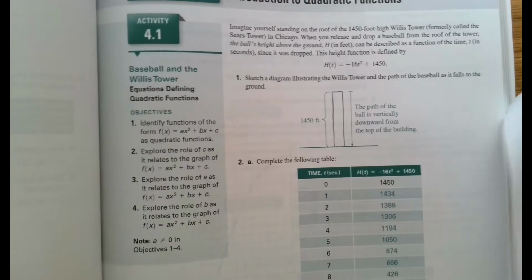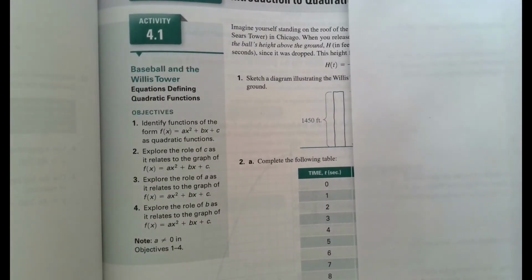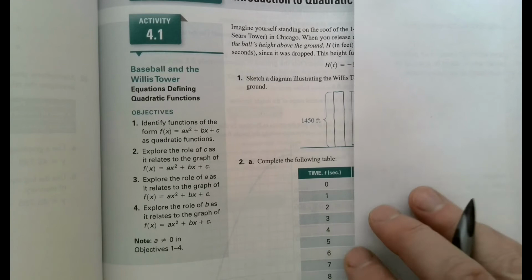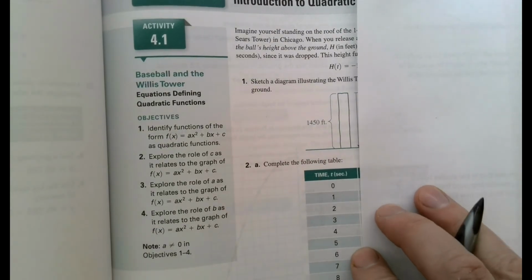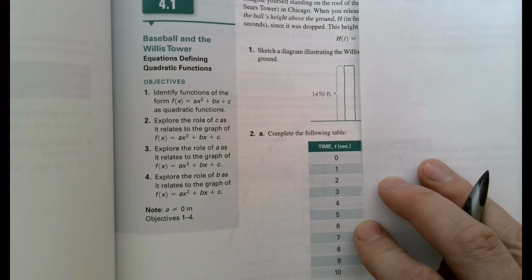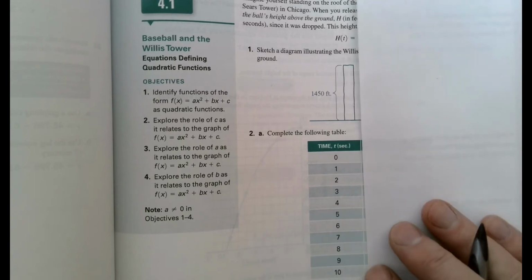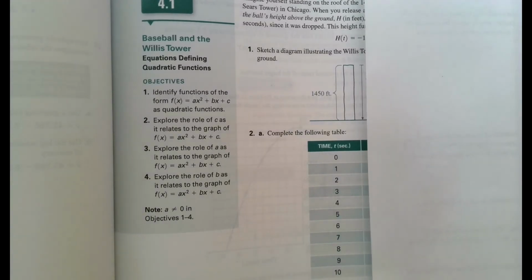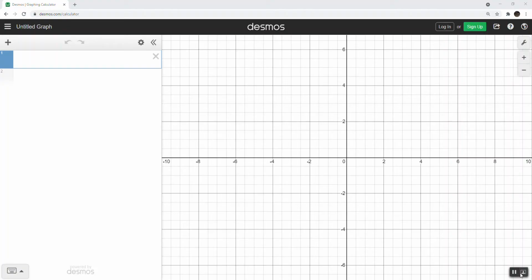So our authors then say, hey, let's fill in this table for all of these times. Well, anytime I see this, and I'm given a function, I don't want to do any of this mess by hand. I'm going to let the technology do it for me. So let's jump to Desmos. We'll type in our function here. I'm going to use x's.